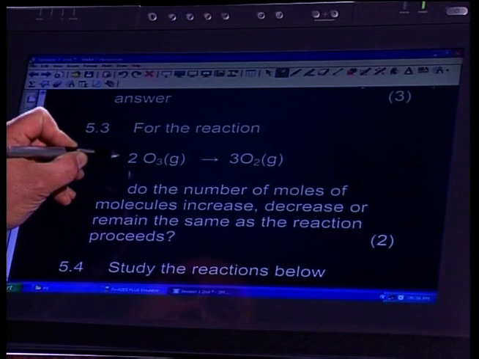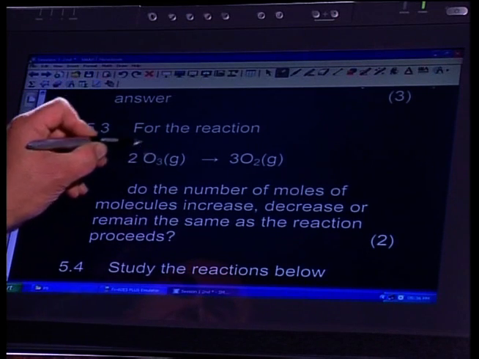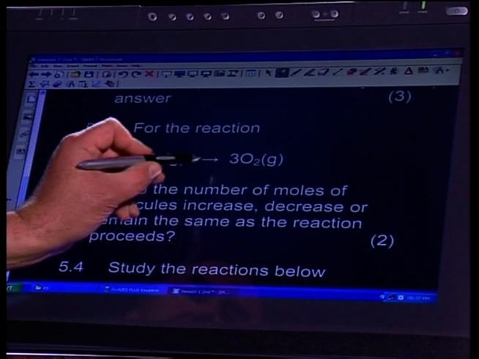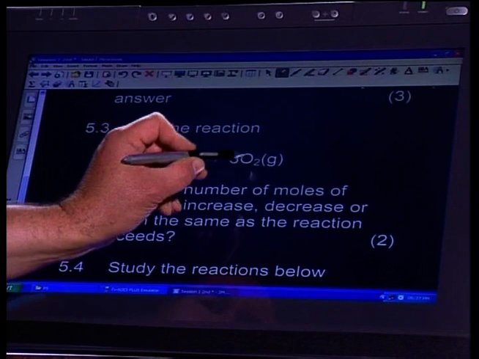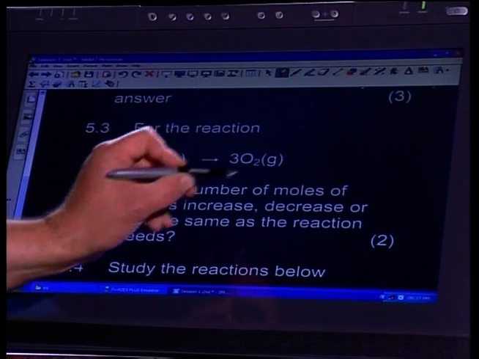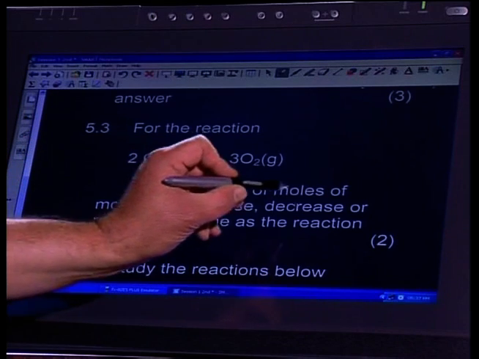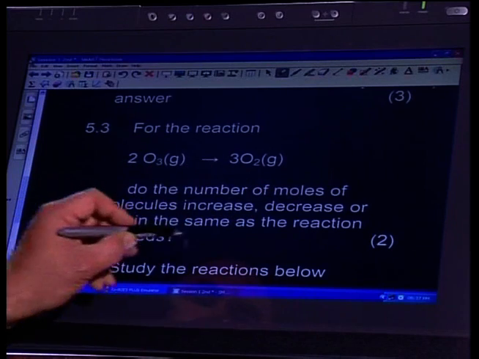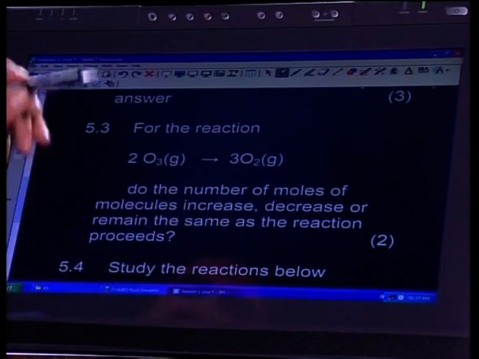For the reaction, 2 moles or molecules of ozone gas forms 3 molecules or moles of oxygen gas. It says, do the number of moles of molecules increase, decrease, or remain the same as the reaction proceeds?